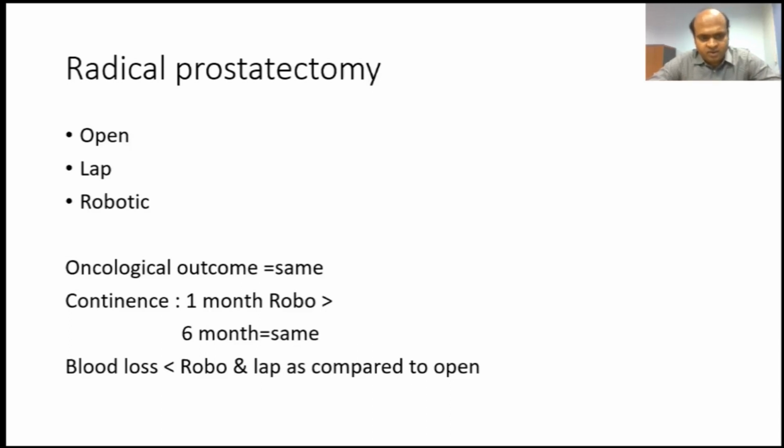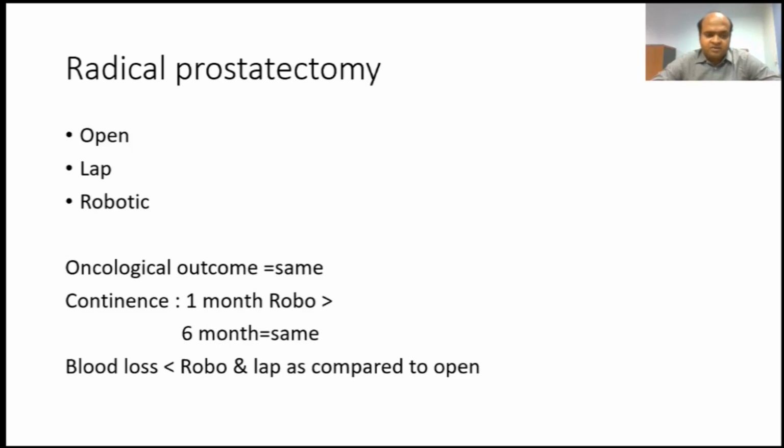However, if you talk about the outcome of radical prostatectomy and compare all three modalities, the oncological outcomes are more or less the same. The continence, that is urinary continence following radical prostatectomy, is better in the early postoperative period with the robotic approach. However, at 6 months, the continence rate is the same across all three modalities.